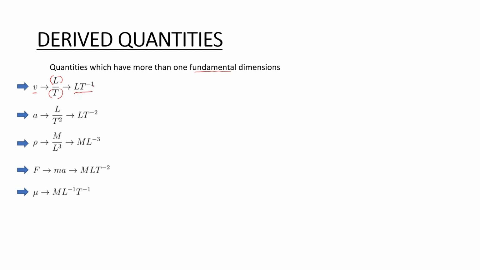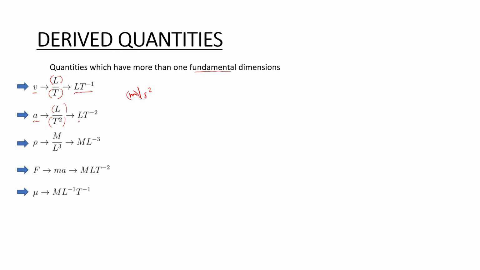This is one derived quantity. Similarly, you have acceleration, that is L divided by T square. The unit of acceleration is meter per second square. Here meter is length, capital L, and second is time, T.